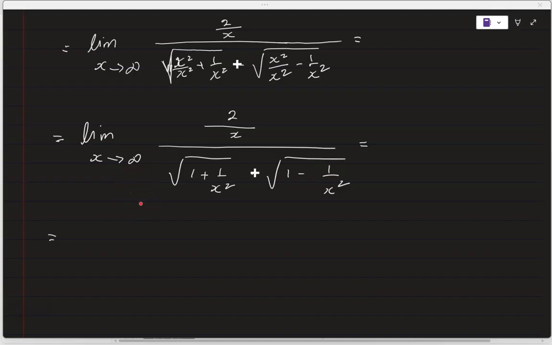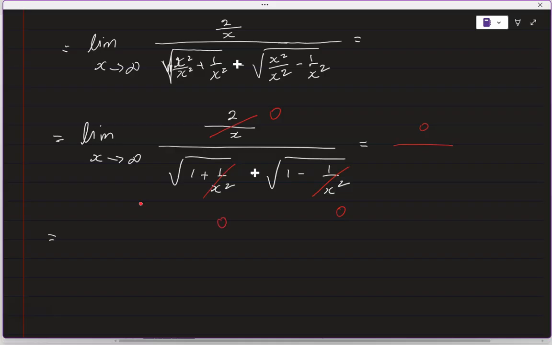The top, 2 over x as x approaches infinity, is 0. So we have 0 on top. Let's look at the denominator. 1 over x squared is 0. You've got 1 left. And also, 1 over x squared is 0.